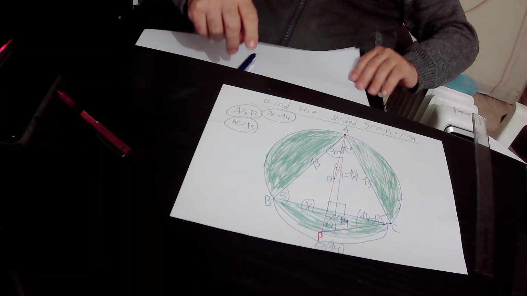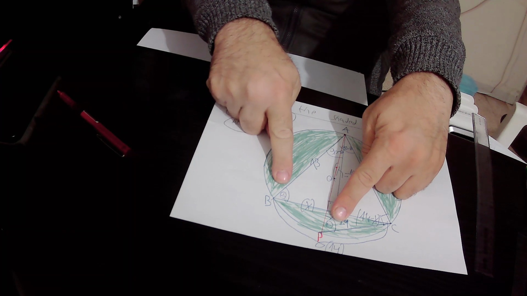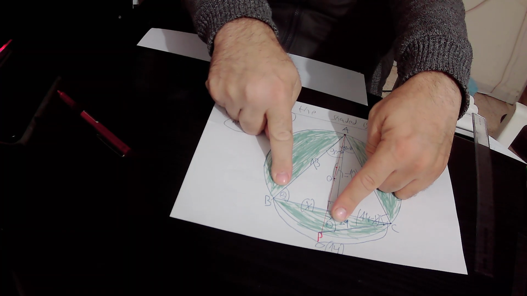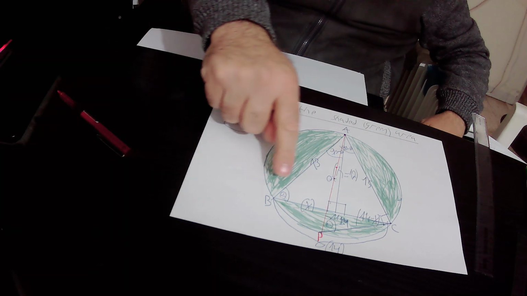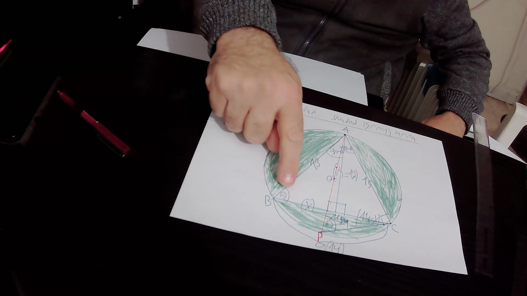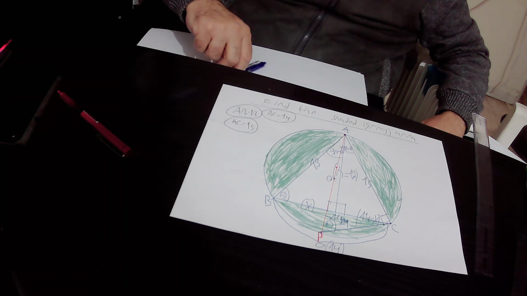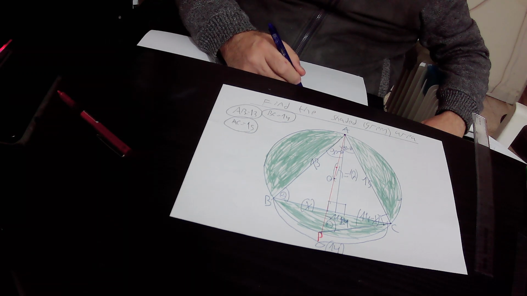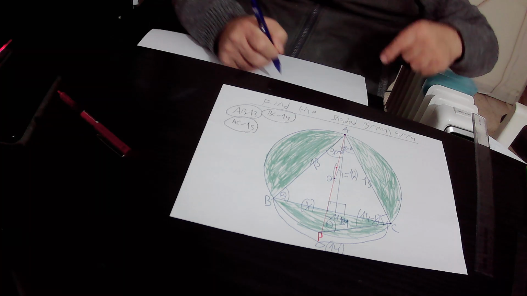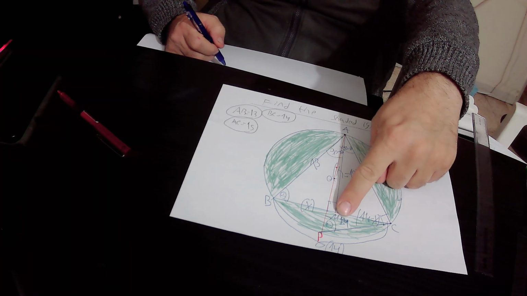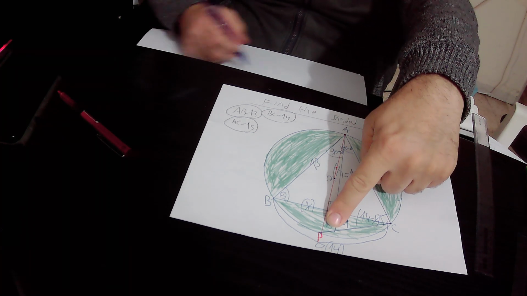First of all, those two angles are both equal to theta, therefore they are equal to each other. So angle ABM in this triangle is equal to this angle, angle APC.